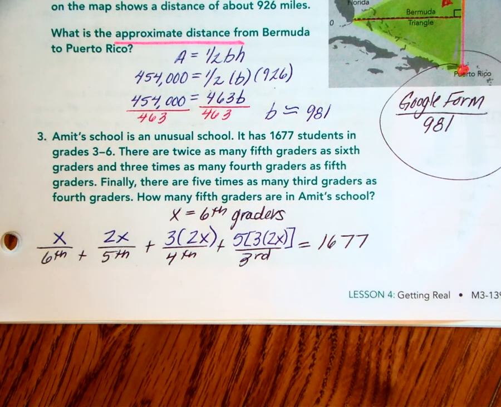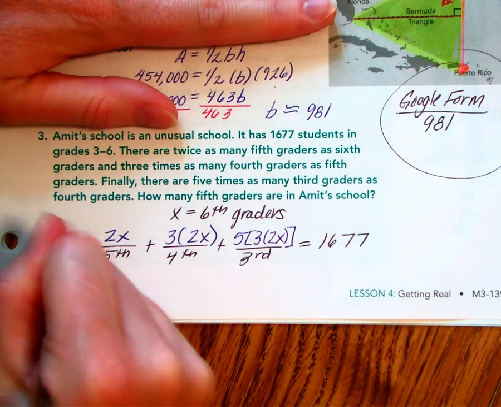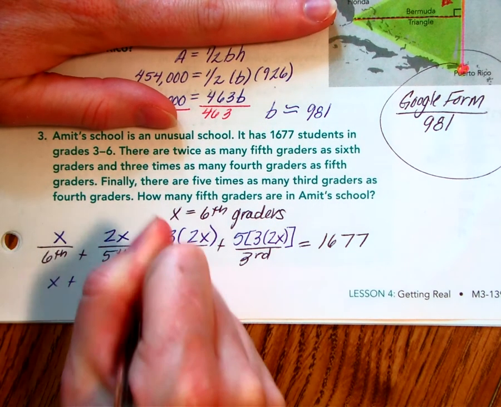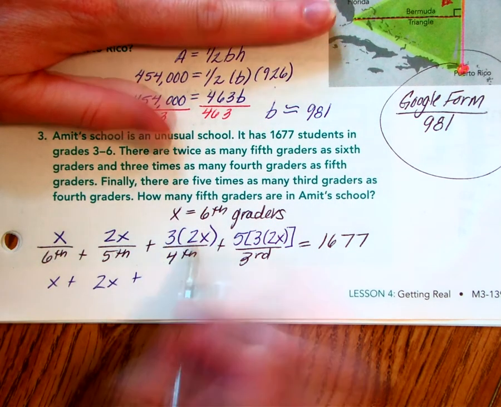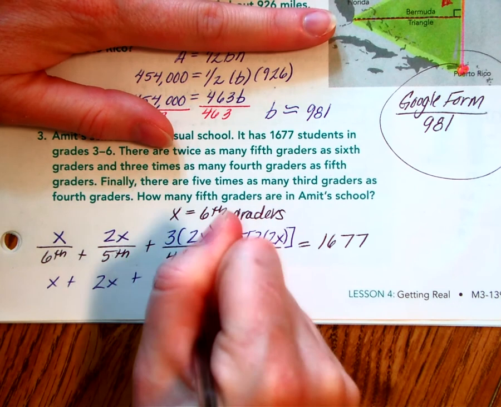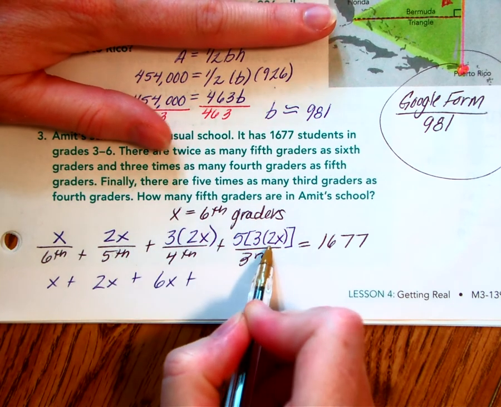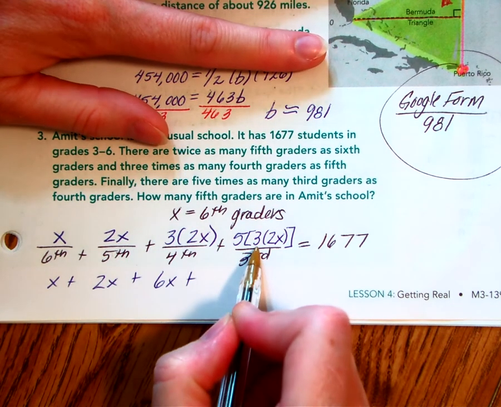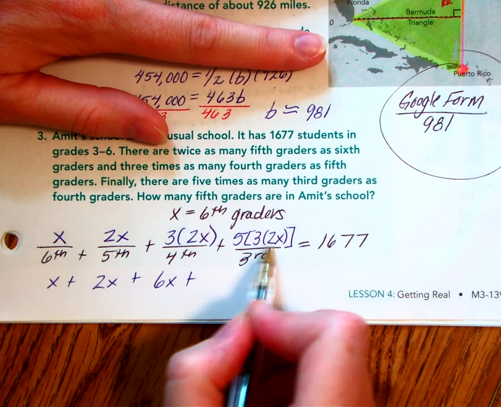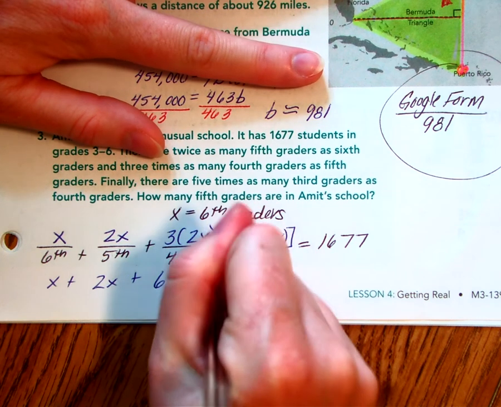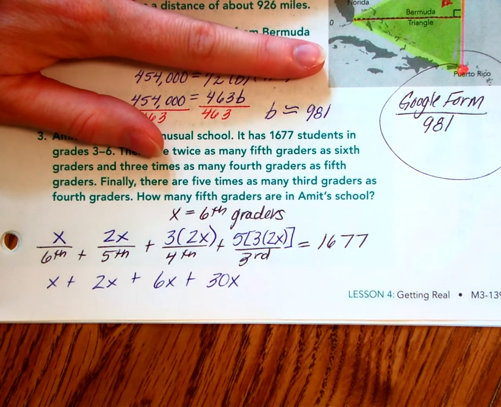It's kind of cool. Now, I need to simplify each term using the multiplication. Then I'm going to combine like terms. What do I mean? I've got x plus 2x, which can stay the same for my first round. Now I need to do 3 times 2x, which is 6x, plus 5 times 3 times 2. 5 times 3 is 15, times 2 is 30, so I've got 30x.